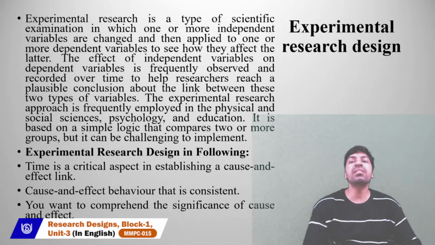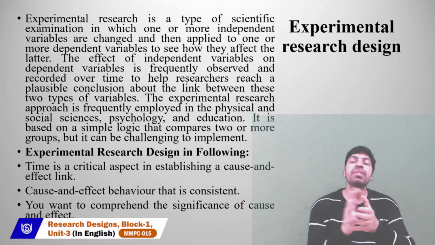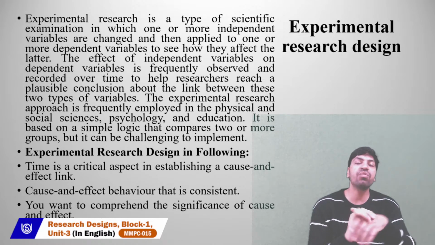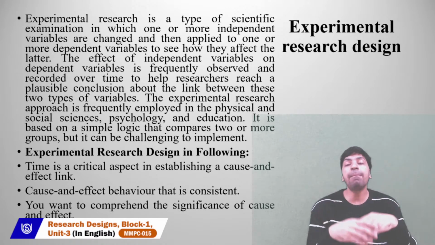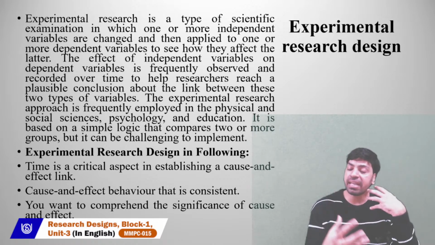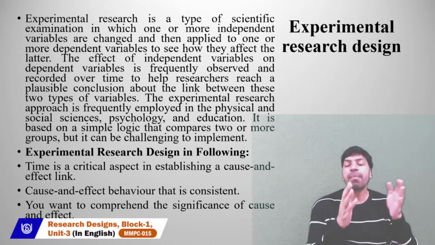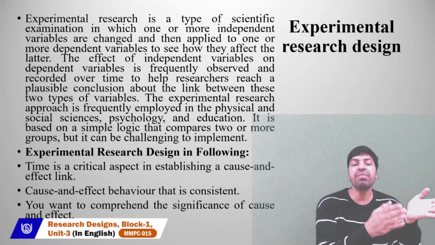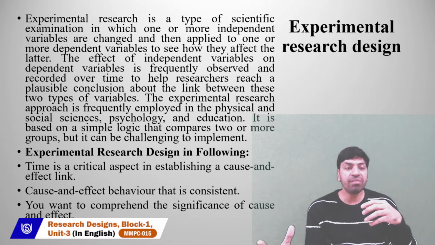Next type is experimental research design. Experimental research design is a type of scientific investigation where one or more independent variables are changed and applied to one or more dependent variables, to look at how much effect the independent variable has on the dependent variables.